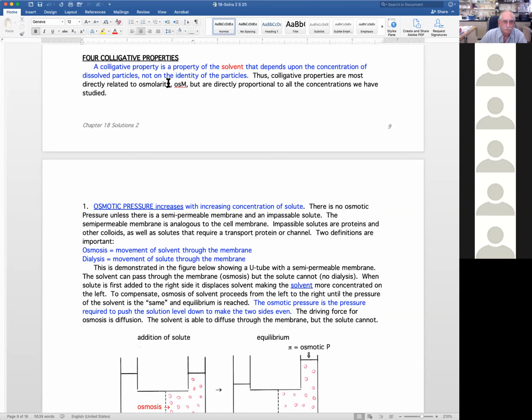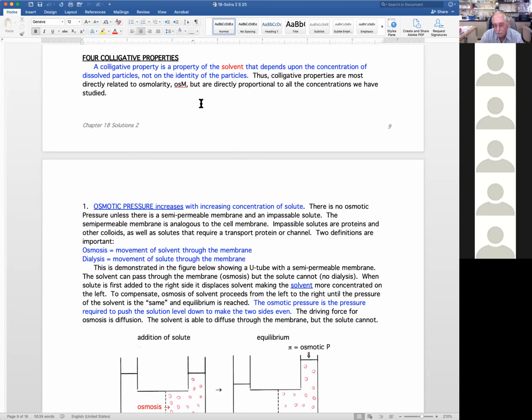So doesn't that seem like we're talking about osmoles right here? In fact, yes. But as you see, the relationship between moles and osmoles is a conversion factor. They're directly proportional.